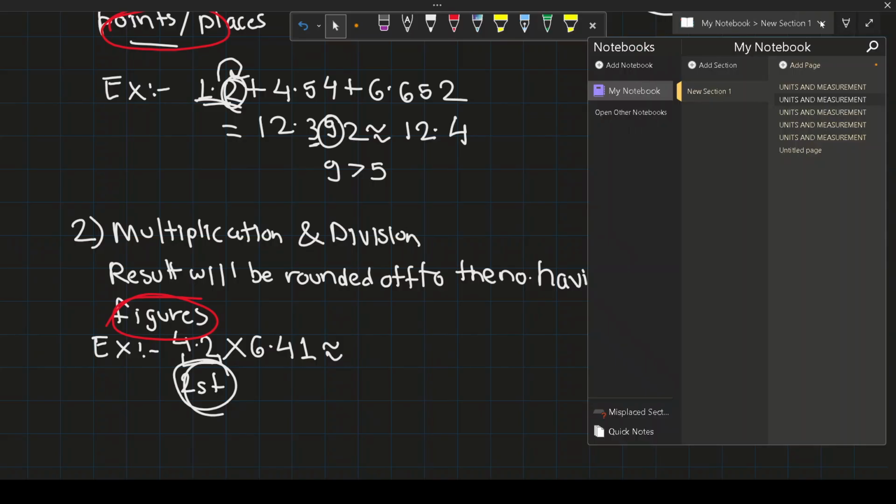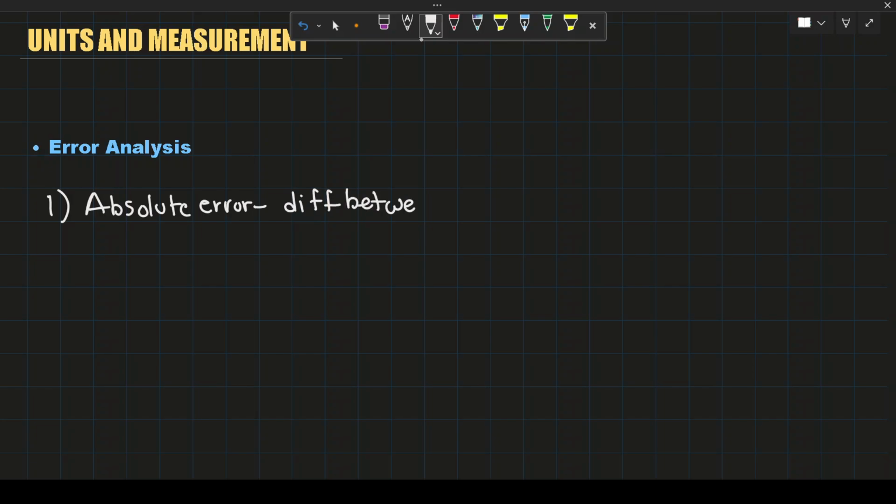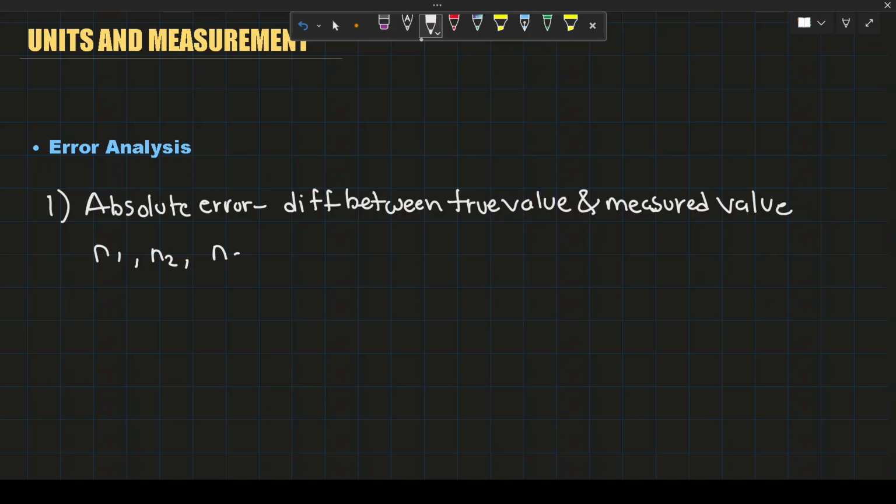Moving on to the next topic, different types of errors, starting with your absolute error, which is basically the difference between the true value and the measured value. Let's say I take numbers like n1, n2, n3 and n4.